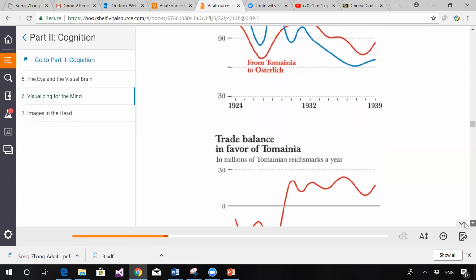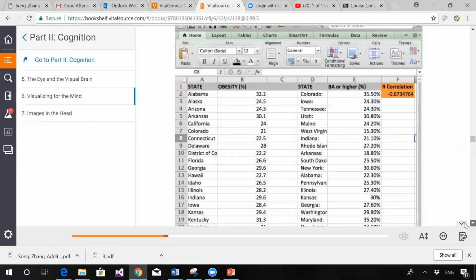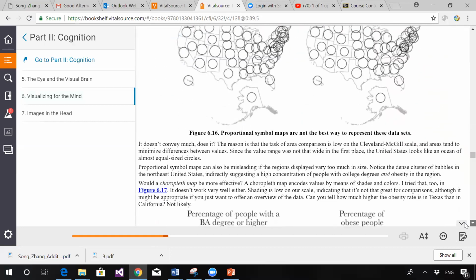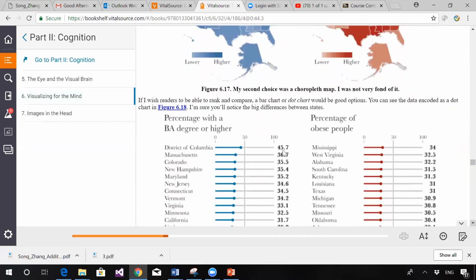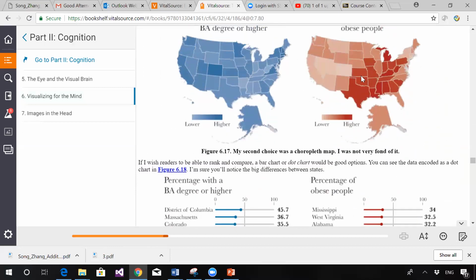There are many other methods too, but the author shows us that sometimes if you want to show the difference, it's good to use a bar chart instead of colors. With a bar chart and also ranking, it's so clear what the numbers and relationships are. But using colors, which is a very popular method, may not be as effective at showing the difference in numbers.